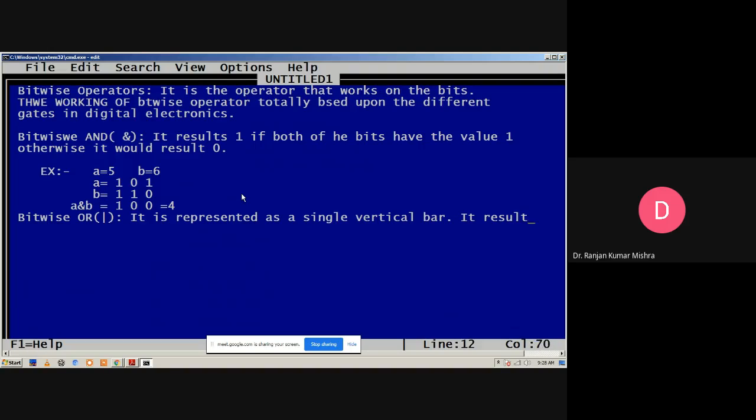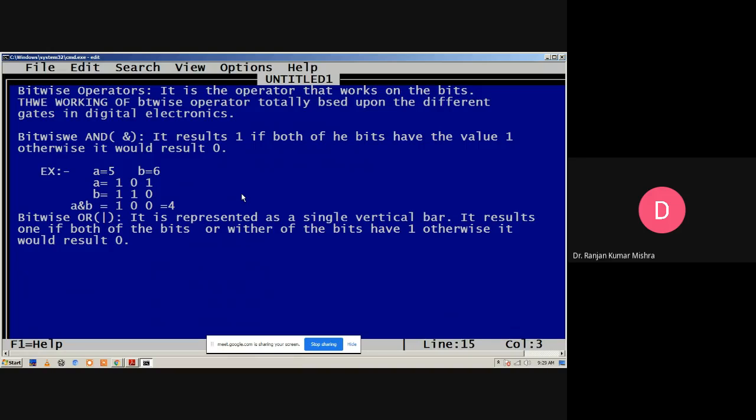It results 1 if both of the bits or either of the bits have 1, otherwise it would result 0. Clear? It works the same as the OR gate in digital electronics.